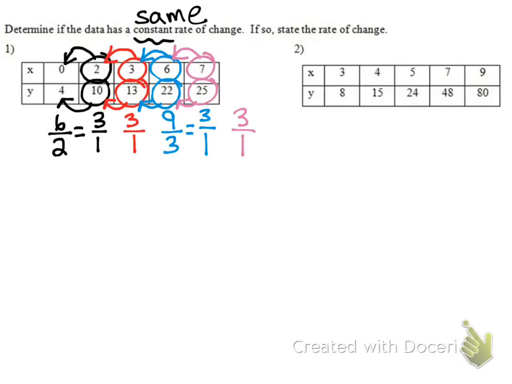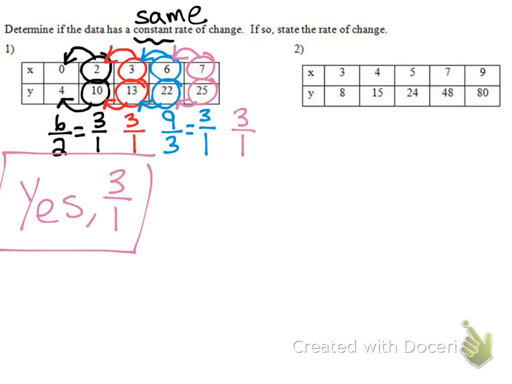You're subtracting on each of these. Subtract the one right in front of it, subtract the one right in front of it. So, as I was saying, is the rate of change constant? Yes. And what is the rate of change? 3 over 1. Good. That is how you do these problems. What are your questions?